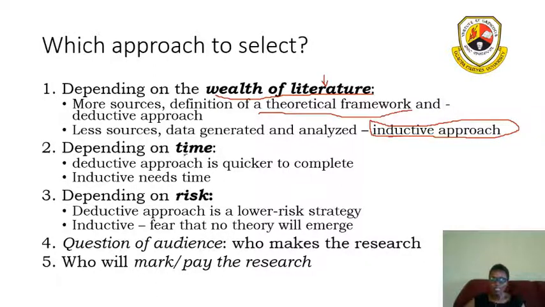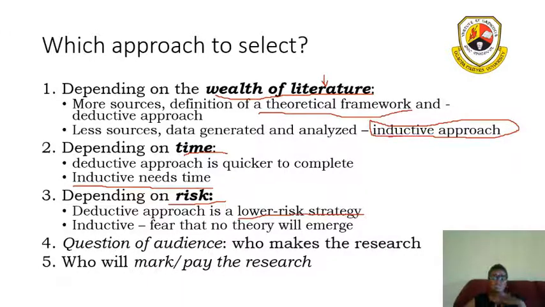The next is time. How much time do you have? Deductive is very quick. Decide on a hypothesis, distribute your questionnaires, and get back a response. Inductive takes up more time because trying to understand people and their situation takes time. Then there is also risk. Deductive is a lower risk strategy.